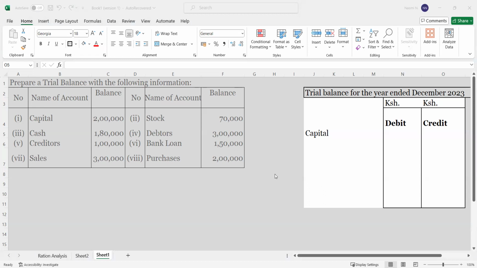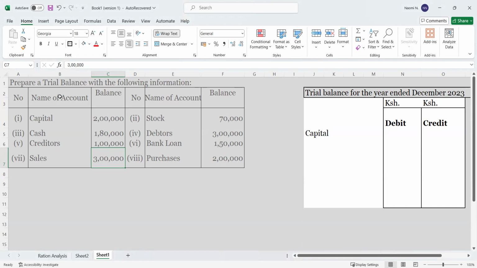It also helps in preparing financial statements, simplifying your work, and it also helps you to make adjustments. On the adjustment, the question I have given here is very basic, but as we progress with the trial balance, we'll have questions that have adjustments and additional information, and we will see how we can adjust.